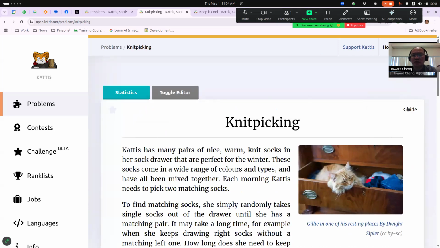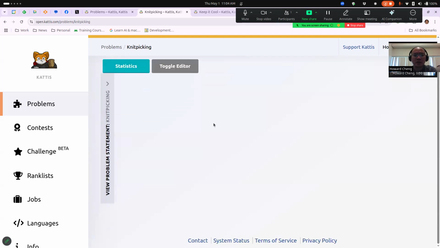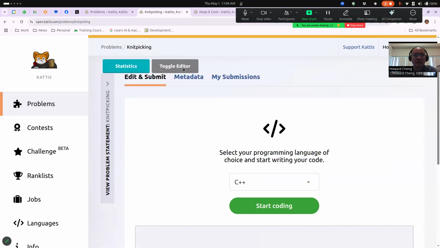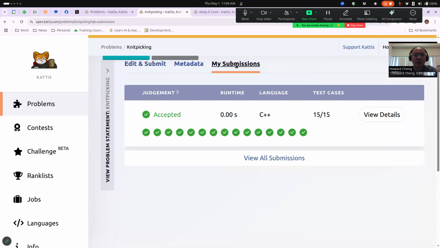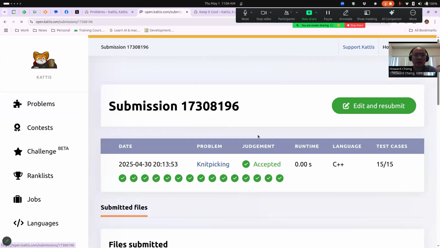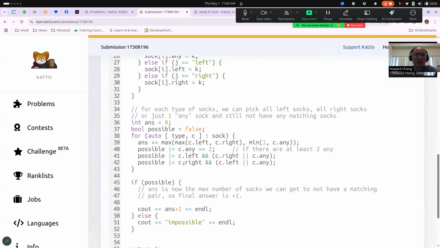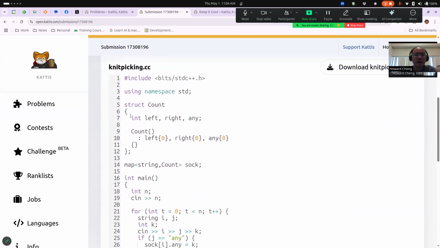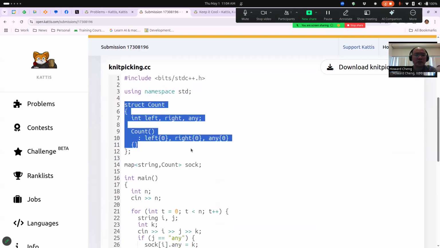So I'll just show you, start from my code. I'm going to have a structure that keeps track of the three numbers, left, right, and any. Okay, that's the first thing.